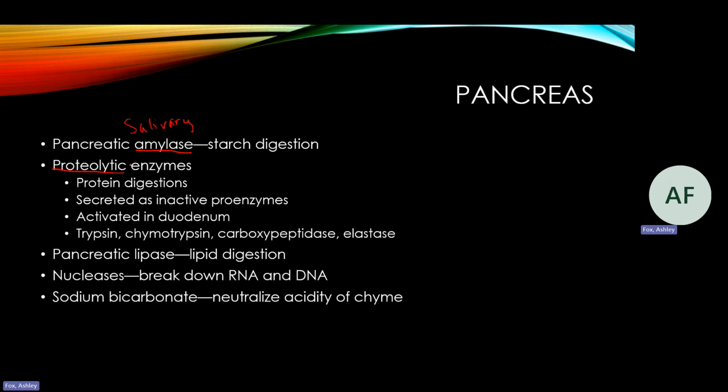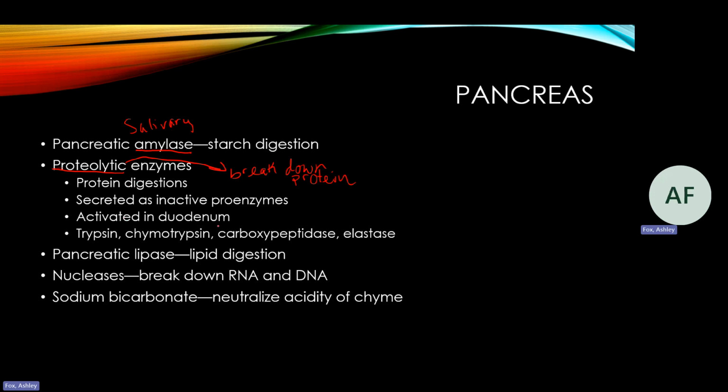Proteolytic enzymes. Proteolytic means protein digestion, so they break down protein. These again are going to be released as inactive proenzymes because you want them to be inactive, since you don't want them digesting the proteins of the pancreas.